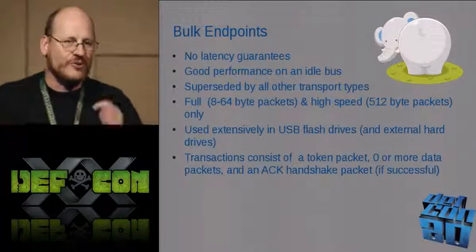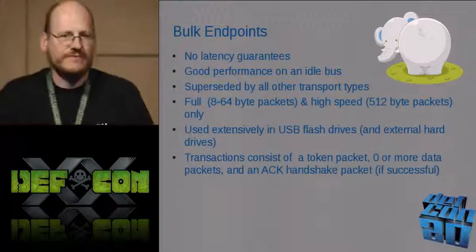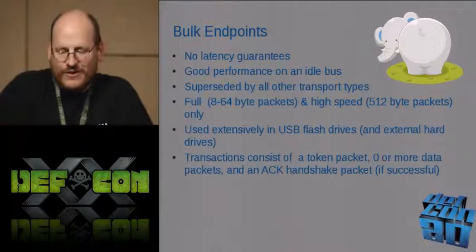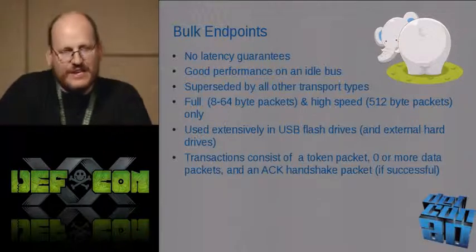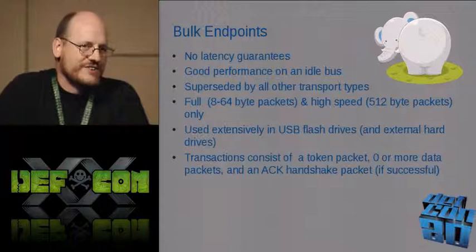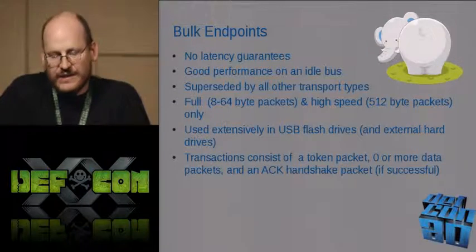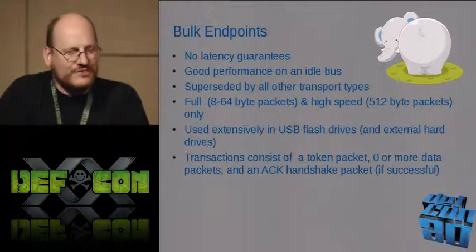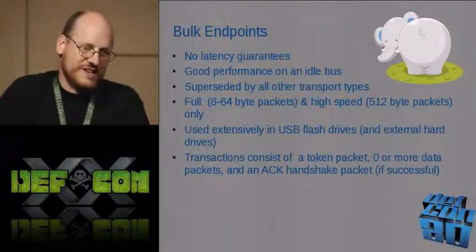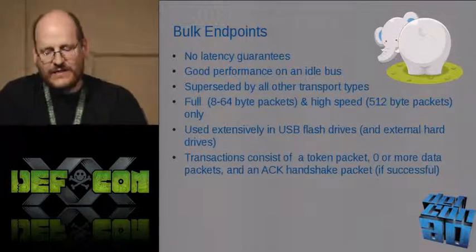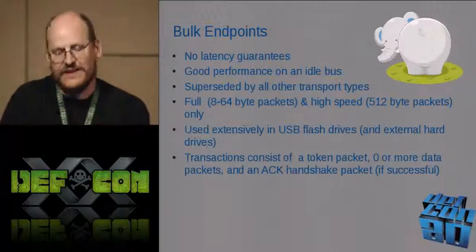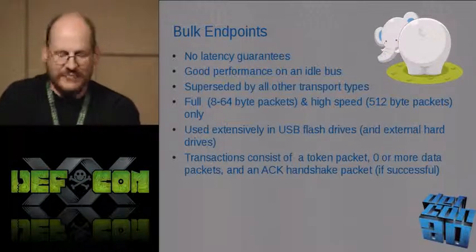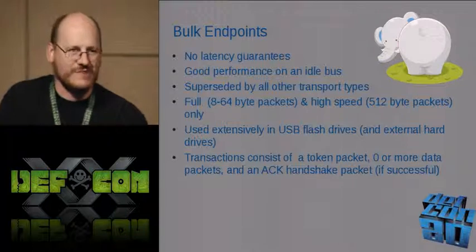All right, bulk endpoints, the good stuff. Bulk endpoints are used for mass storage devices. They don't have any guarantees on latency, but if the bus is idle, which it usually is, you have some pretty good performance. However, if there are other kinds of transports on your bus, it gets superseded by anything else. If you're doing full-speed communications, that whopping 12 megabits per second, you're allowed 8 to 64 byte packets, and keep that number in mind for later.